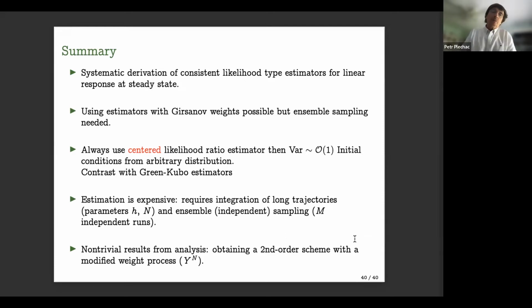But if the perturbations are only in the drift, which was our main focus, then you don't gain. It's equivalent to this likelihood ratio.